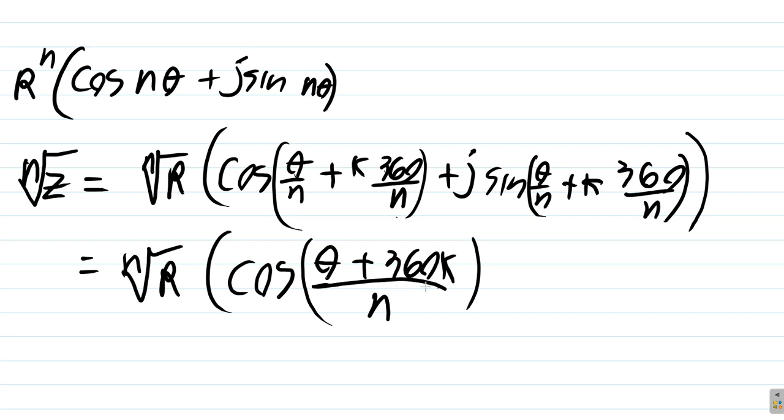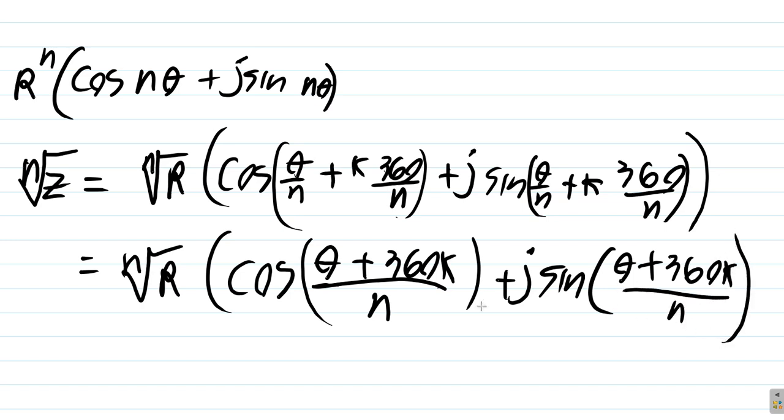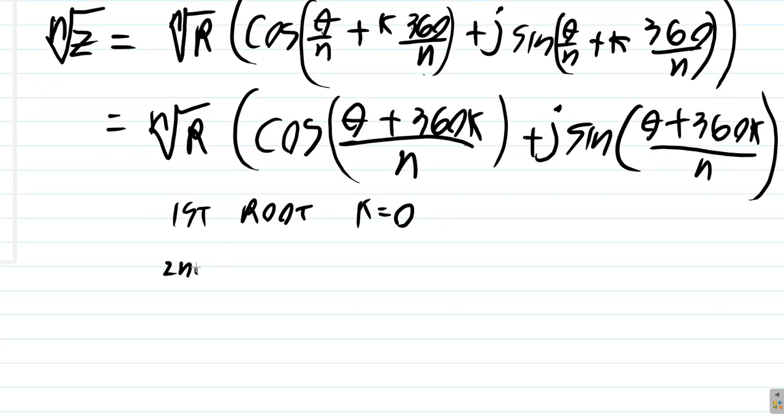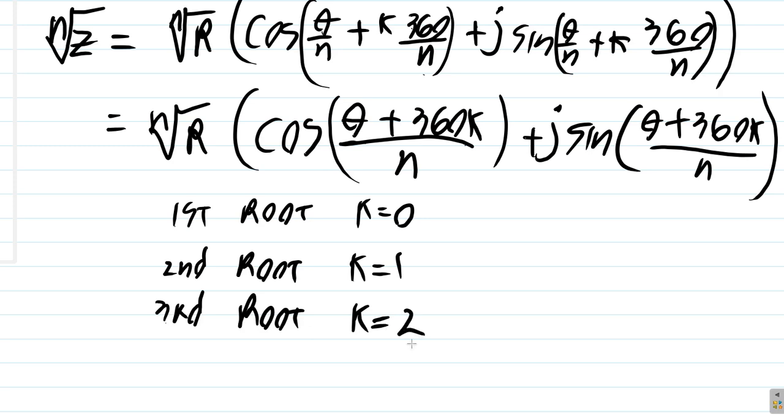You're finding the sine of all of this. For the first root, k is 0, so you don't have to worry about it. The 360 would disappear. For the second root, k would be 1. For the third root, k would be 2, and so on and so forth.